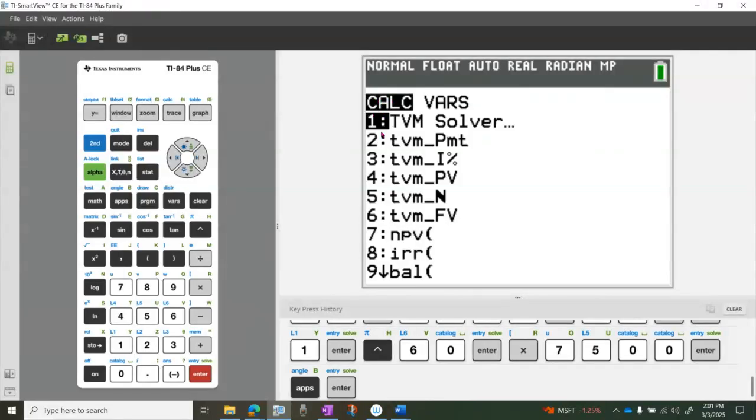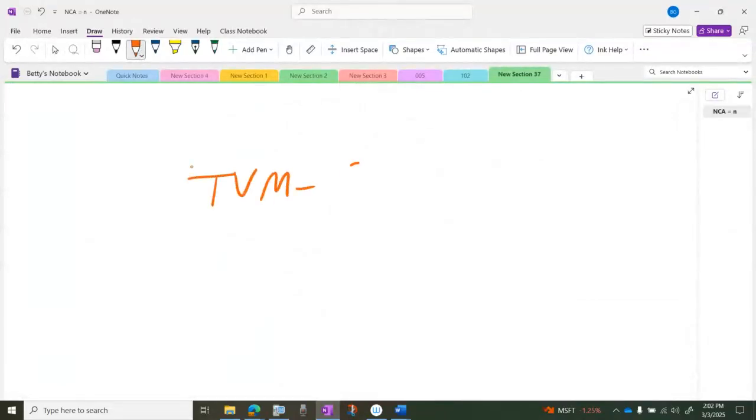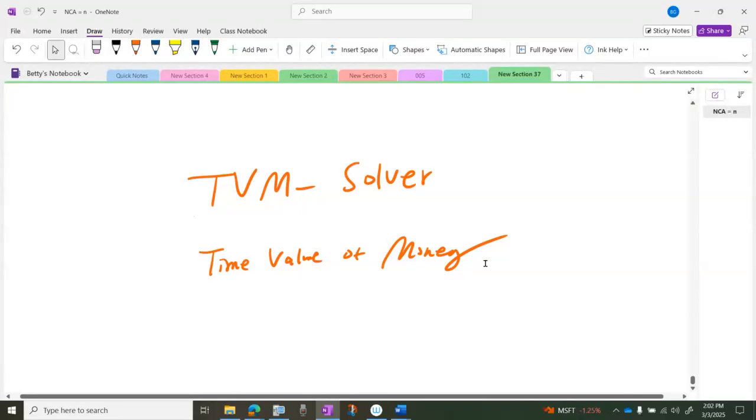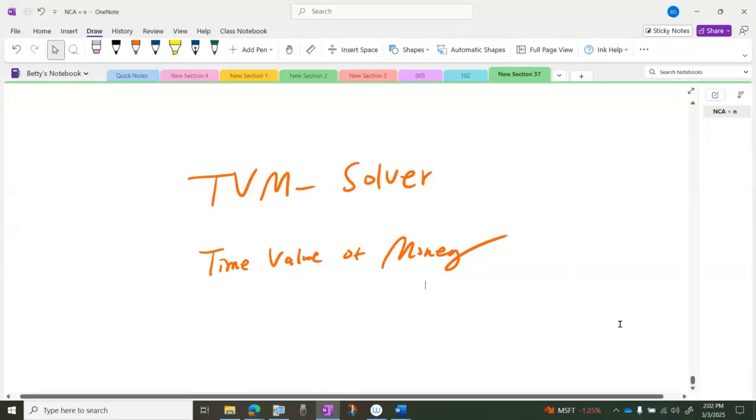In the menu of calc, the first function is TVM Solver. What does TVM mean? TVM stands for time value of money. We do not consider inflation. We consider interest. Because of interest, $1 today is worth different from $1 in a year. You know what I'm saying?